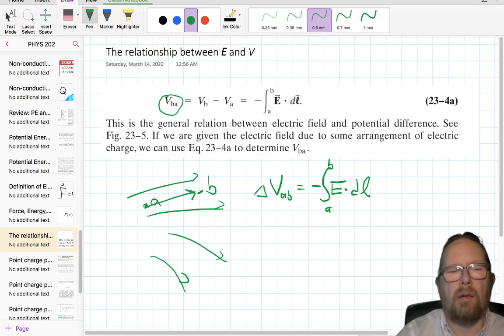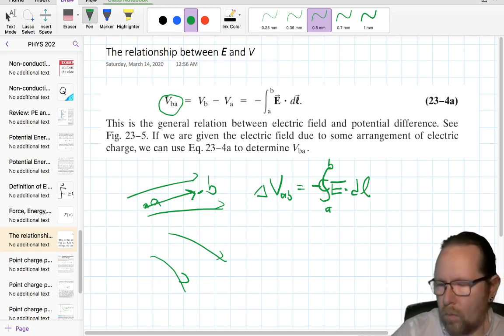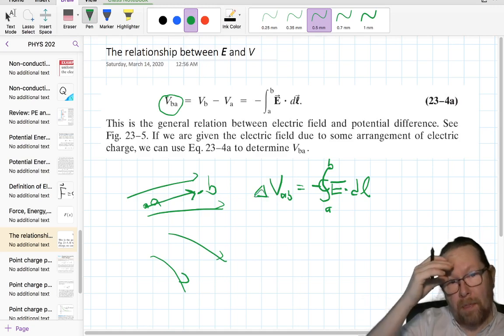It's sometimes called a line integral. In fact, you'll sometimes see this written with a negative sign in front of the integral of E dot dl from A to B, the negative sign denoting that when we work with the field, where the field is doing negative work, we are doing positive work. So we just have to be careful of that negative sign.